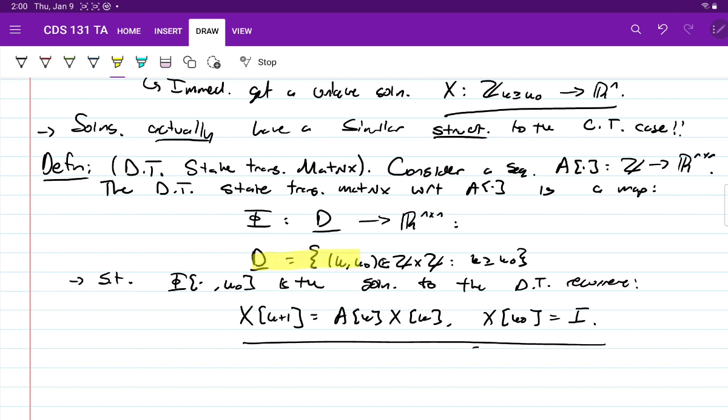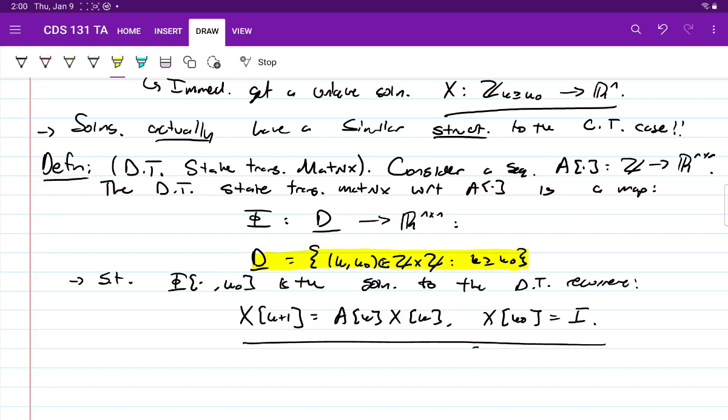One of them is that, as opposed to the continuous time case, we actually have to specify a separate domain for the discrete time case. Here it's really essential that we require k to be greater than or equal to k naught, unless we have some condition where each matrix in our sequence is invertible.